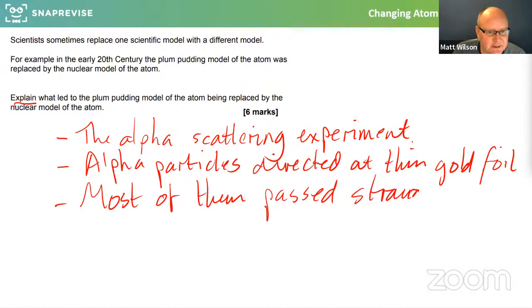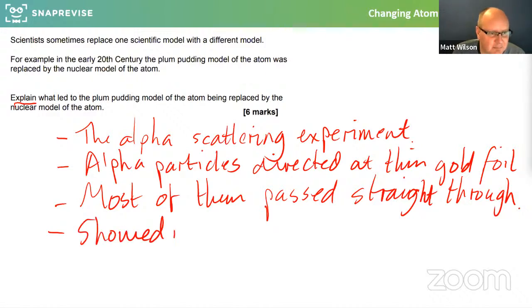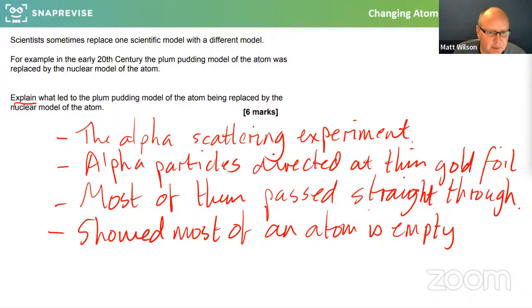So we're just reciting all our knowledge here about the alpha particle scattering experiment to gain these marks. And this showed that most of an atom is empty space, because there was no deflection of those 2+ alpha particles. There's obviously more we can say there. It's a 6-mark answer, so we're probably on to a high level 2 answer already, 4 marks probably for that.